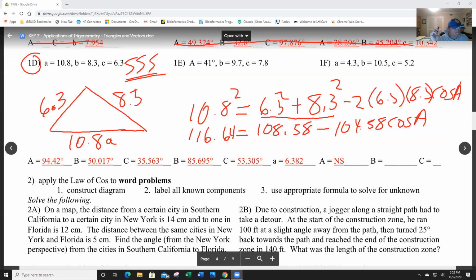I think you can handle that. So in the end, it comes out about 94 degrees. Okay, about 94. Now, I have the exact one, 94.42, but rounding to 94 is just fine.